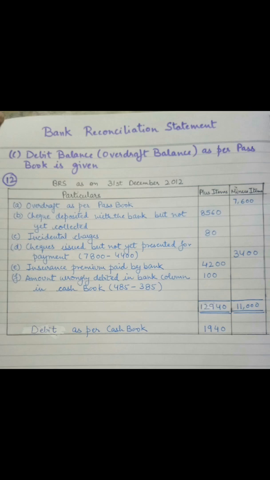So let's see the D1 in the particulars, checks issued but not yet presented for payment, and in this we have to find the difference of 7,800 and 4,400, and the difference amount has to be mentioned in the minus column, that is 3,400 rupees.